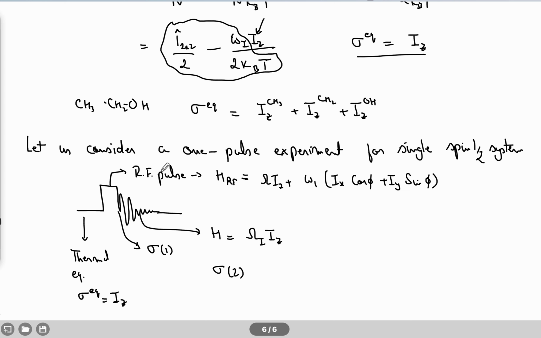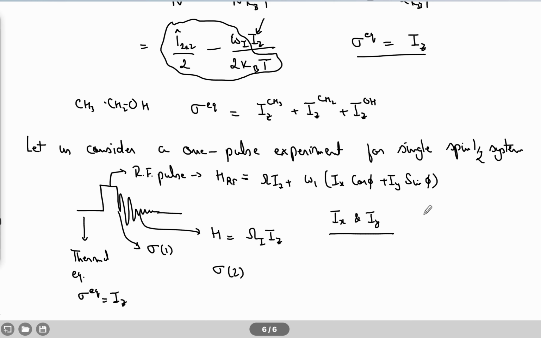One is the RF pulse Hamiltonian, the other is the chemical shift Hamiltonian. And at the end of the experiment, what we are trying to measure are the expectation values of Ix and Iy. We are interested in the transverse magnetization and how it is changing.